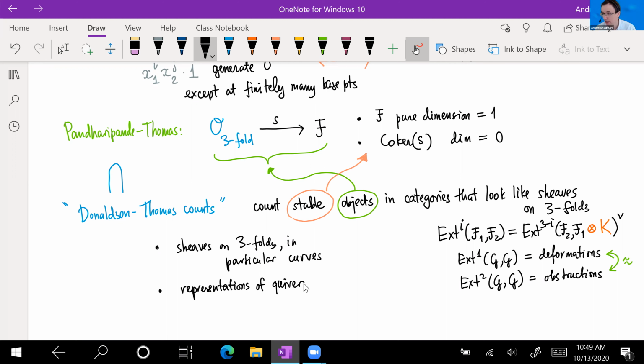Quivers talk about something two-dimensional. An example of a quiver is the Hilbert scheme of points on a surface, which is two-dimensional, where 3 is replaced by 2. But if I take sheaves on those objects over a curve, so sheaves over a curve.